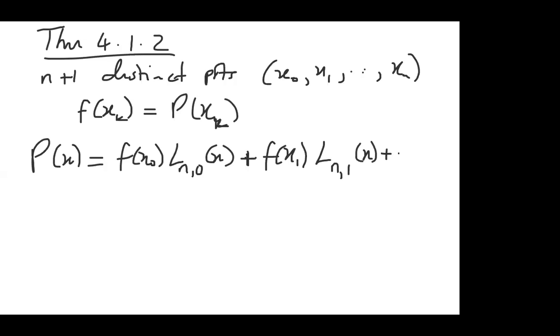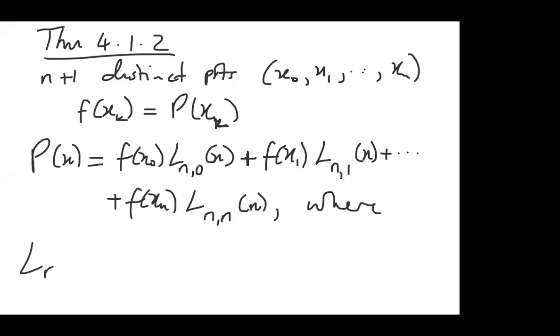And then you continue in the same manner up to the last expression, which will be equal to f of xn times L_nn(x). Okay, where this L_nk will now be given by what? Of course, if you want, you can write this using the sigma symbol. You can write that as a summation of f(xk) L_nk(x) from k equal to 0 to n, right?